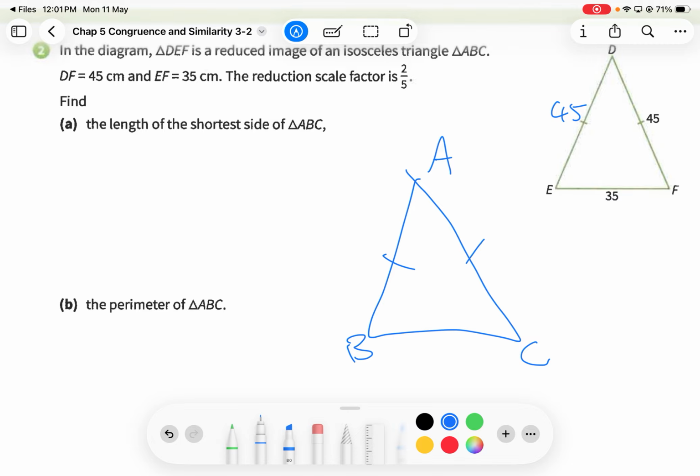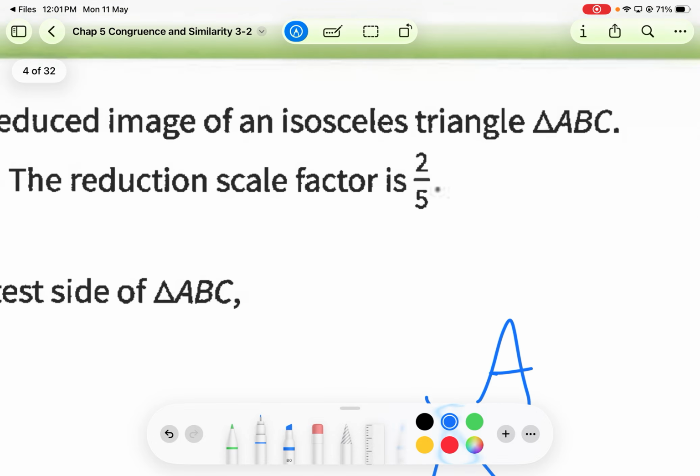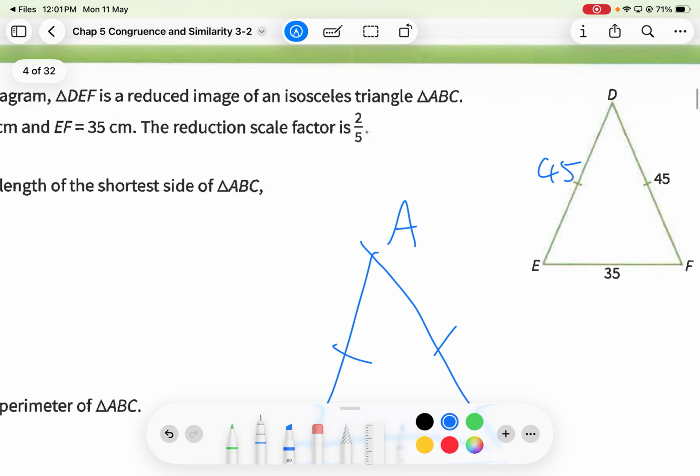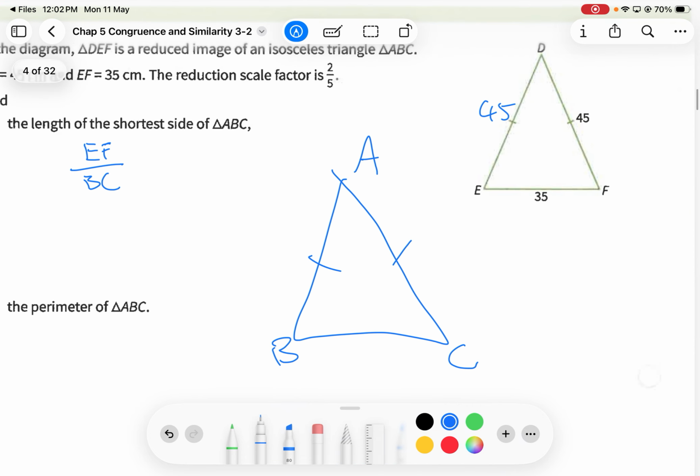Okay? It was reduced 2/5. Meaning EF divided by BC, the corresponding side, is 2/5.